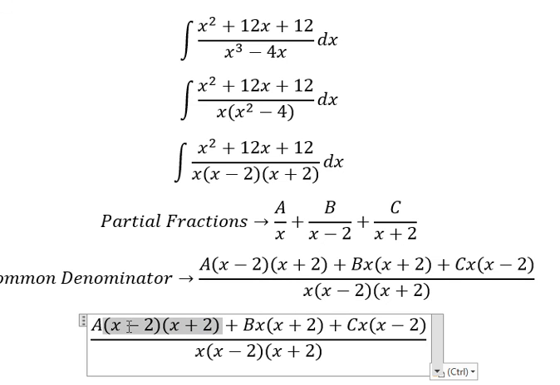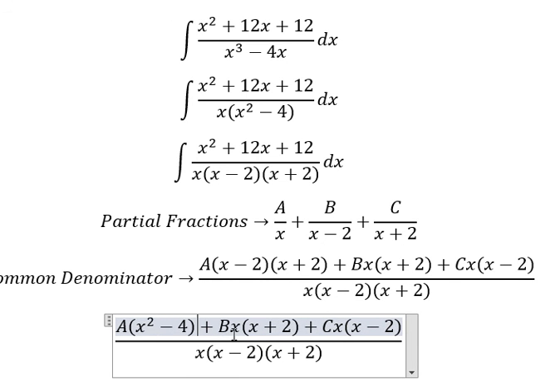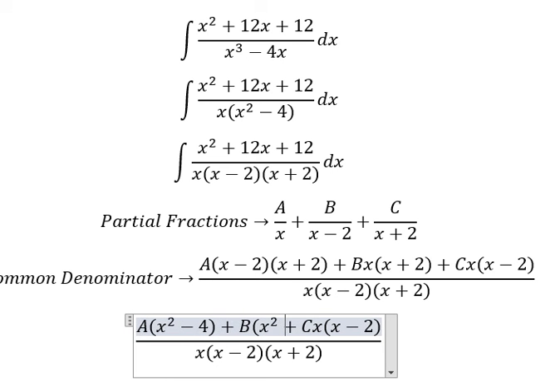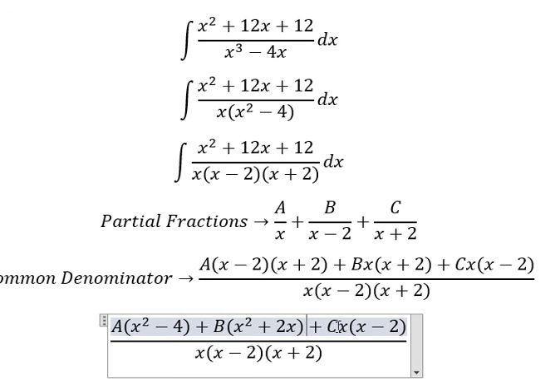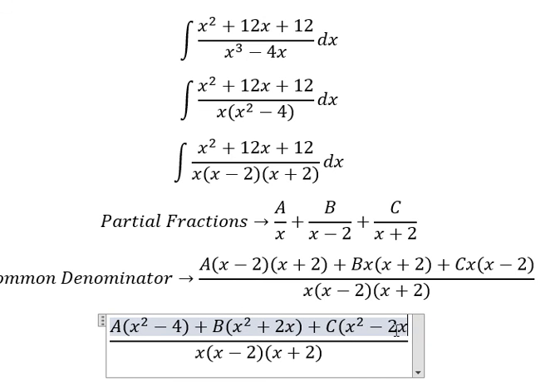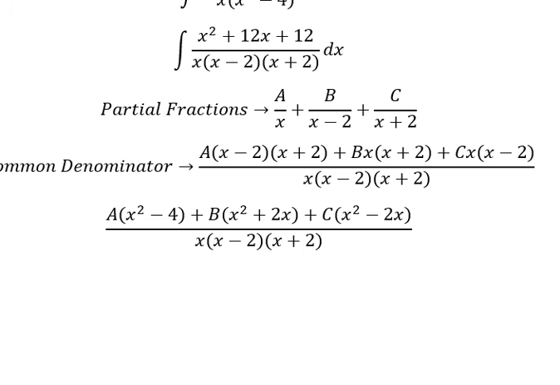This one you get s squared minus 4. This one you get s squared plus 2s. This one you get s squared minus 2s. And now we need to arrange based on the term of s.